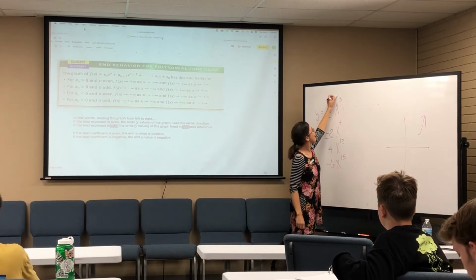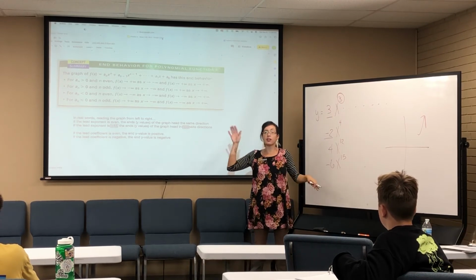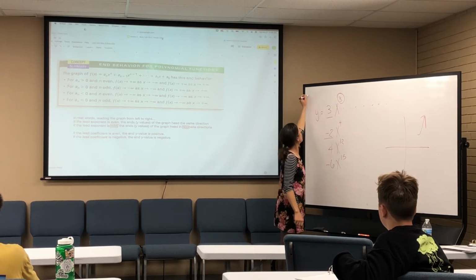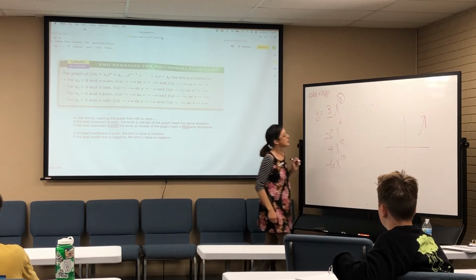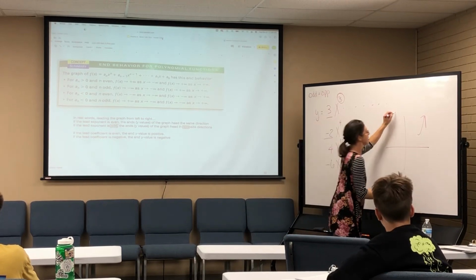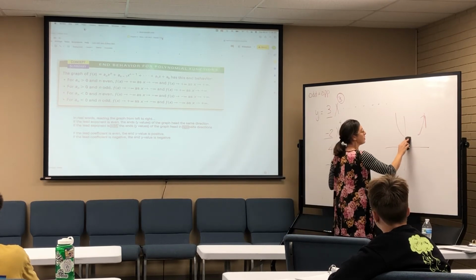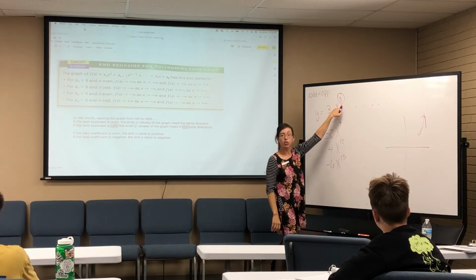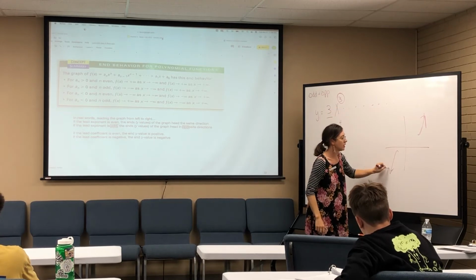Then we move to our exponent. Our exponent tells us about the other end of the graph. If it's odd, what did we decide? Odd equals opposite. So if my graph ends positive, just like if I had a positive parabola, but I have a 3 up here, that means it starts the other direction.